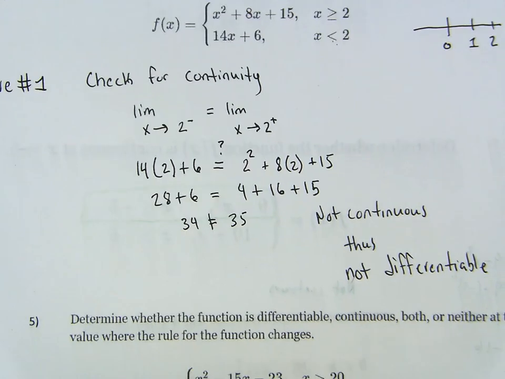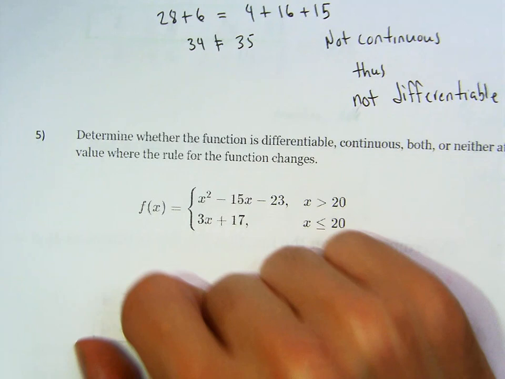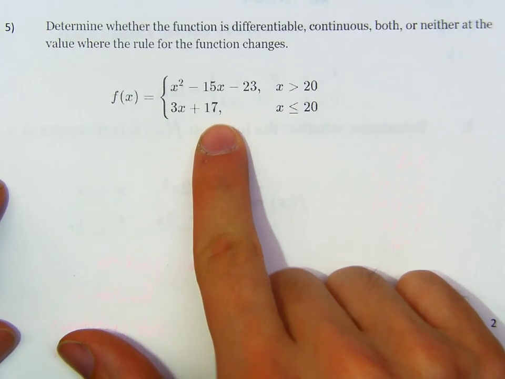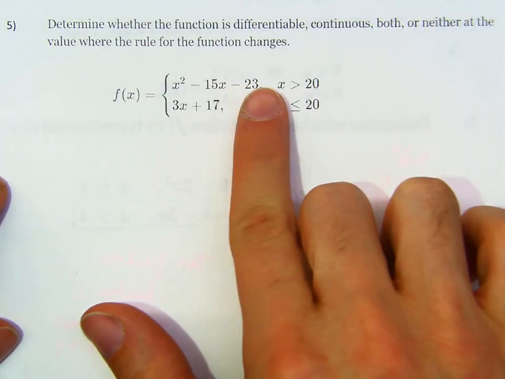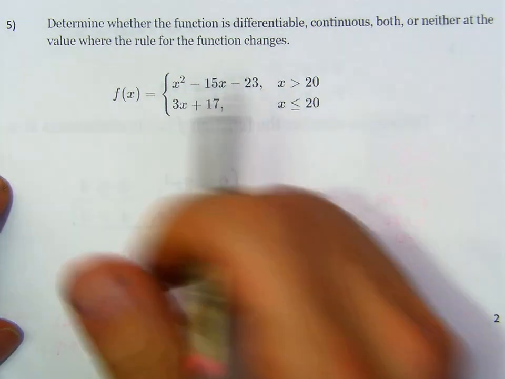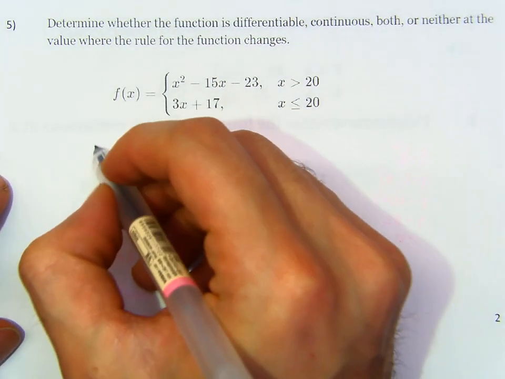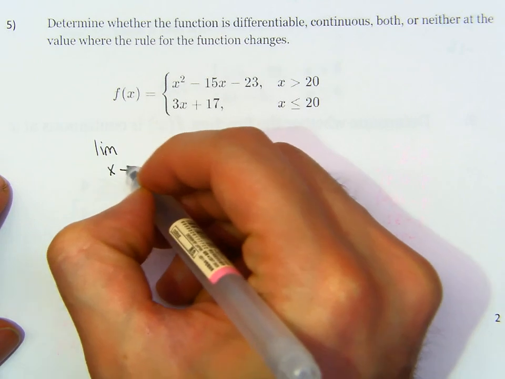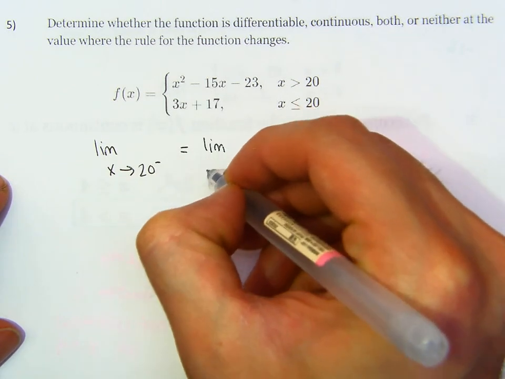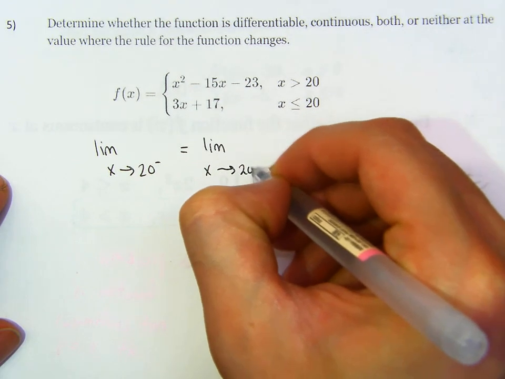Let's look at the next problem. Now let's see what happens if the function is continuous, which I think this example will be. Same idea: check if this function is continuous at x equals 20. The limit as x approaches 20 from the left has to equal the limit as x approaches 20 from the right.